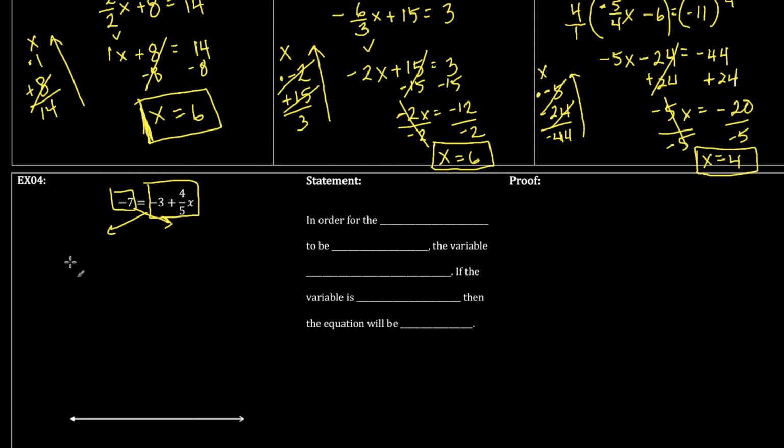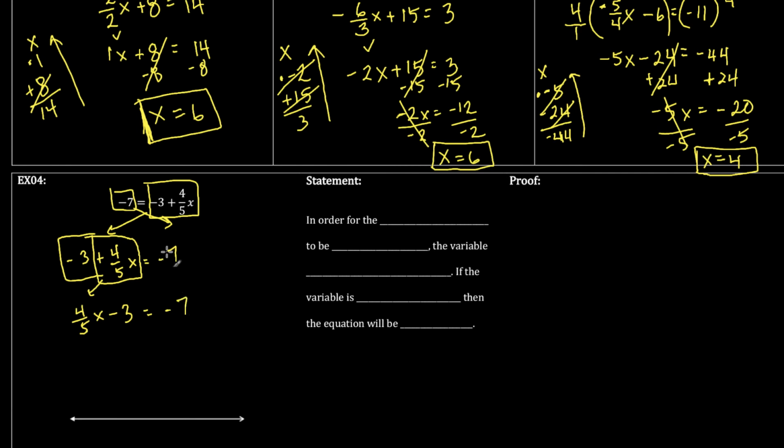So we get negative 3 plus 4 over 5x equals negative 7. Now I don't like this here. I like the x's first. So I want to move this over here. 4 over 5x minus 3 should give me negative 7.